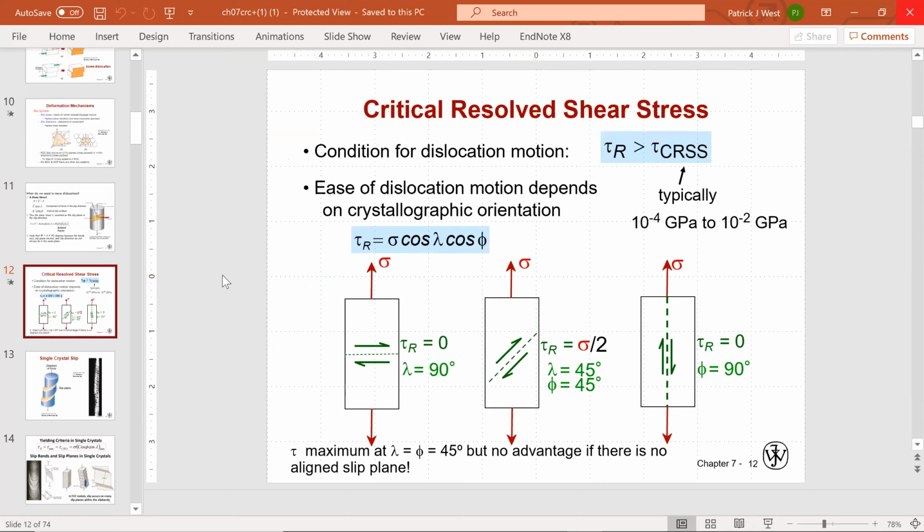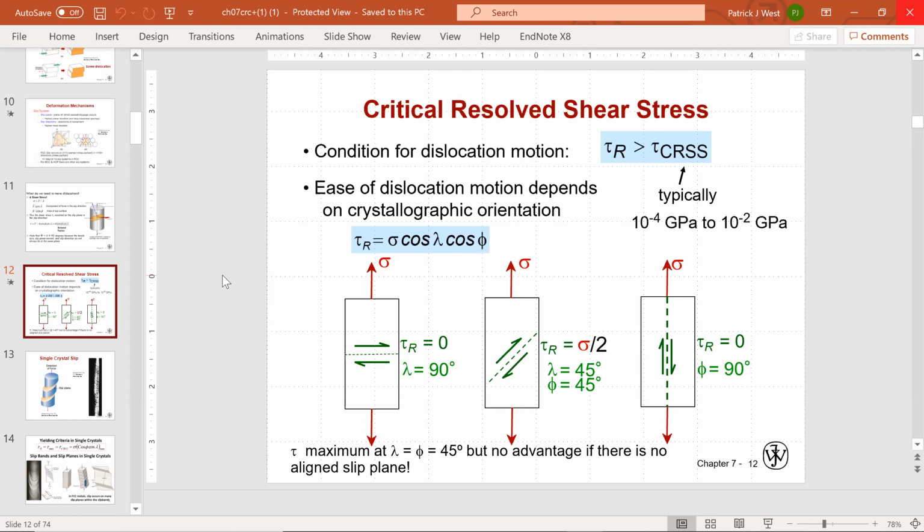And what we might find is that we might want to pull uniaxially directly up or directly across. If we have this rod, we might want to pull exactly up and down or left and right, because that intuitively makes a lot of sense.